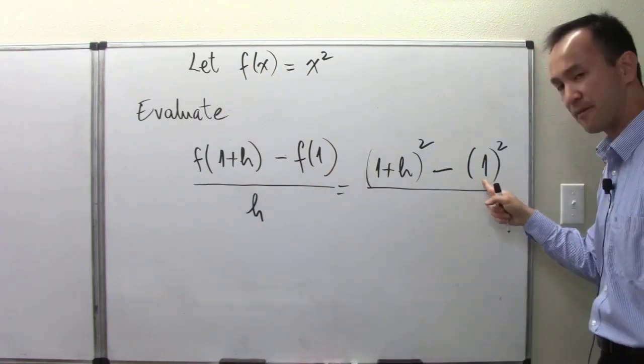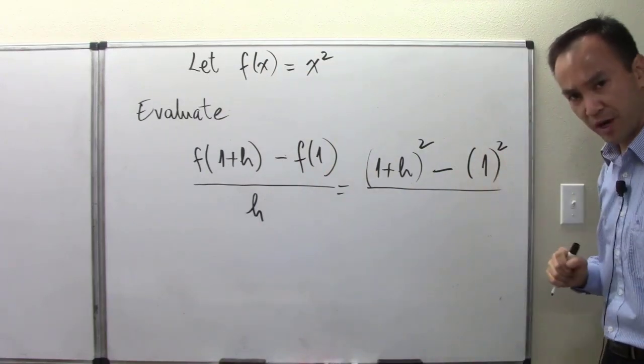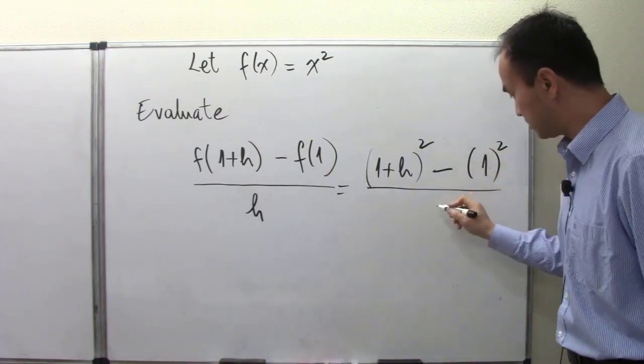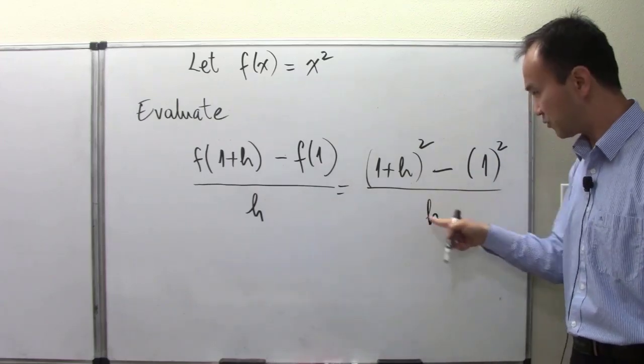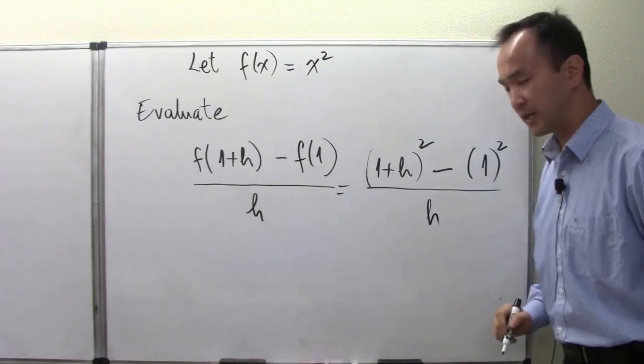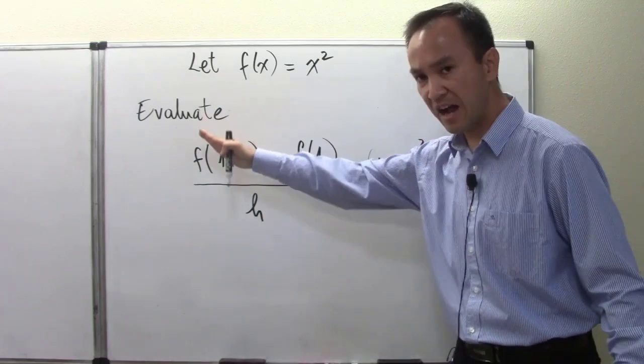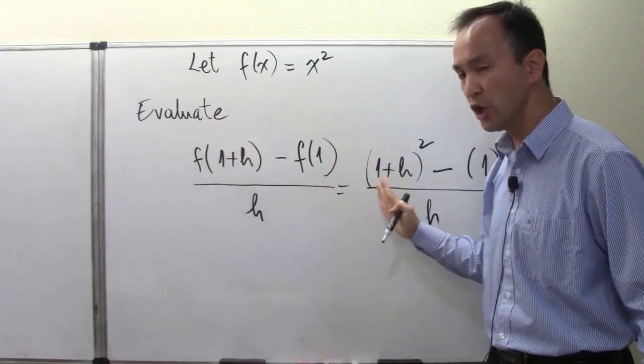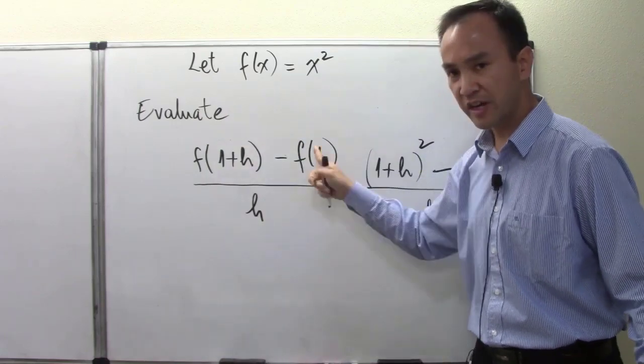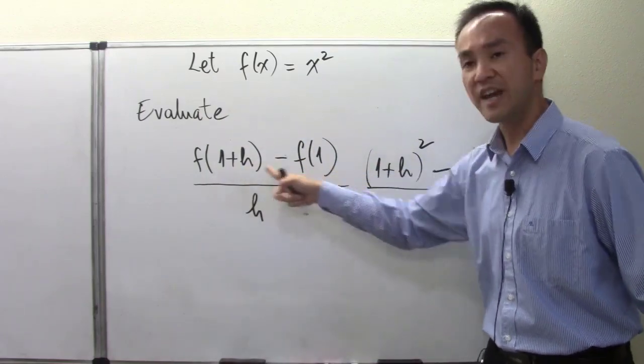That's how I have produced 1 squared. And now over h. That was just part of the beginning expression. So now at this point, ladies and gentlemen, I have evaluated this expression as indicated.